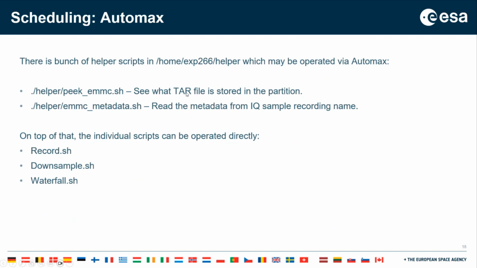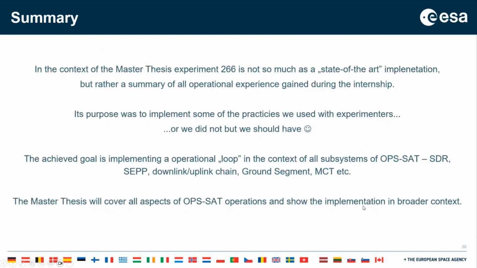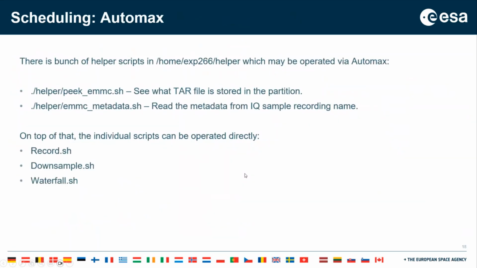So it will print the file name of the recording. Or you can call the helper function EMMC metadata, and it will do the same, but then it will parse the file name of the recording and print you the data. It will tell you the center frequency, sampling rate, low pass filter gain, everything read from the file name.